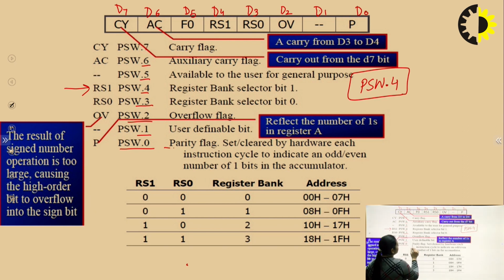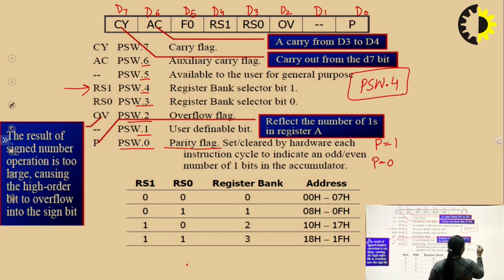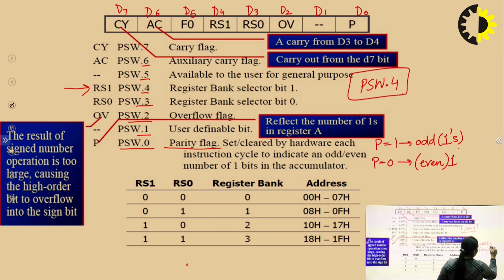As we have discussed, parity flag is set if the number of ones in the accumulator is an odd number. If the number of ones is even, then it will remain 0. So P equal to 1 means the number of ones is odd, and if P equal to 0, the number of ones is even.